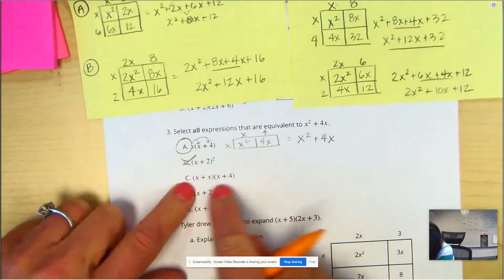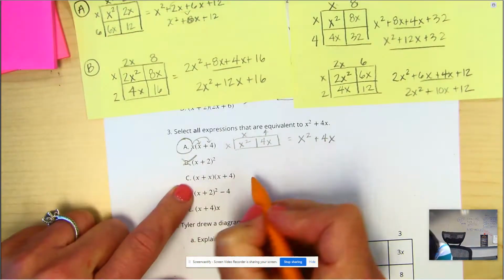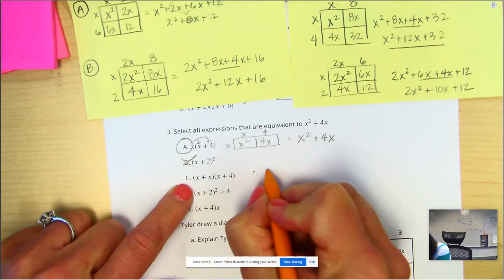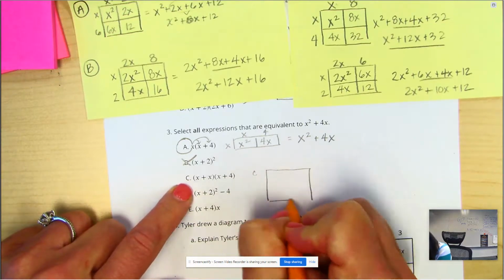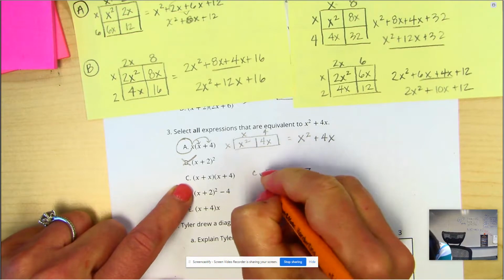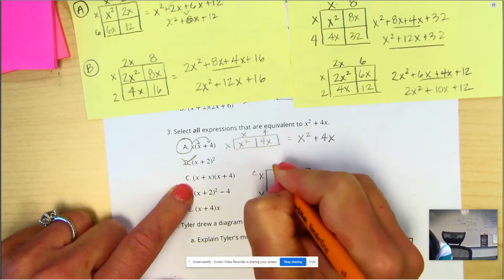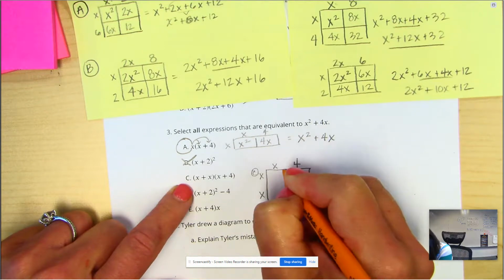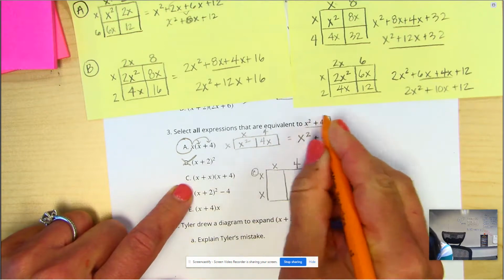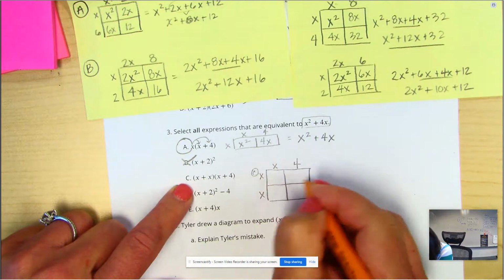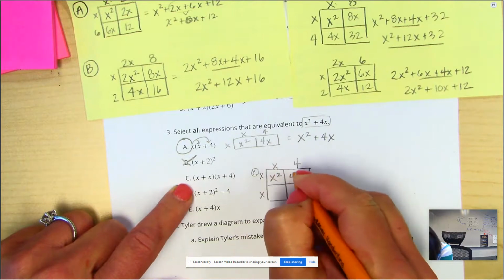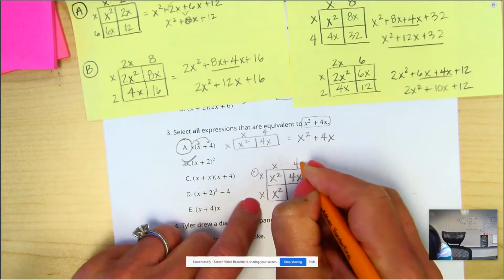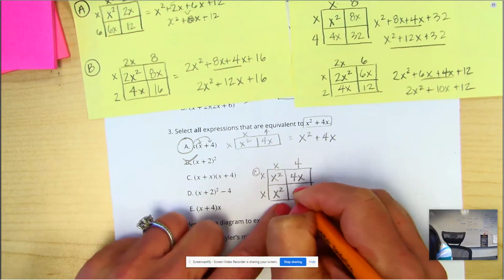How about this one? Let's try C. x plus x, and then x plus 4. This is the letter C. Let's see if this matches this. x squared, 4x, another x squared, and another 4x.